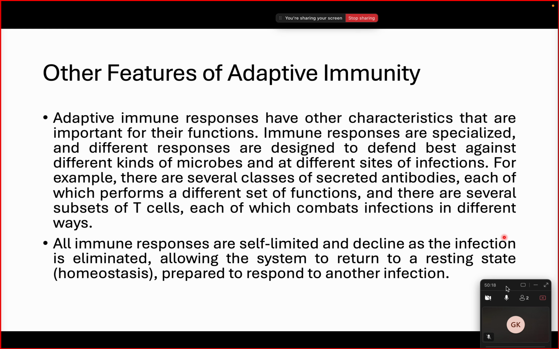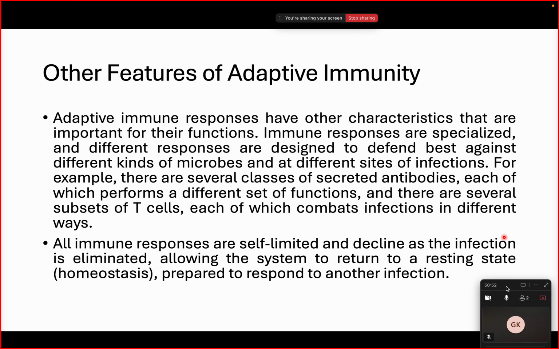So, where were these sites? These sites were blood, that is the humoral adaptive immunity, and the other was cell mediated adaptive immunity when the pathogen is inside the cell. So, for example, there are several classes of secreted antibodies, each of which performs a different set of functions. And there are several subsets of T cells, each of which combats infections in different ways.